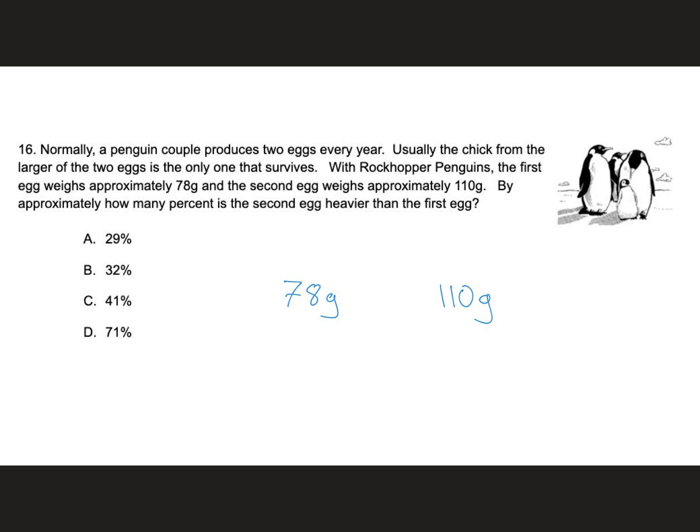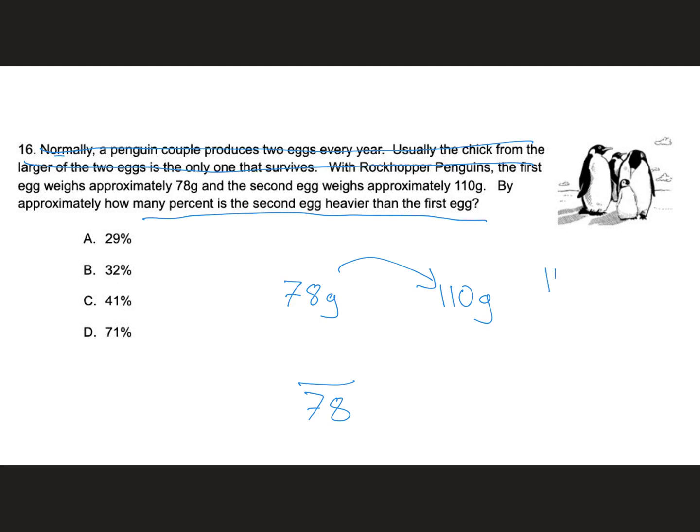So one thing to note is in this question, there's a lot of information that you do not need. I don't really need to think about most of this information. What I know is one egg is 78 and one egg is 110. How many percent is the second egg heavier than the first? So what I want to know is, out of 78, what percent is this increase?